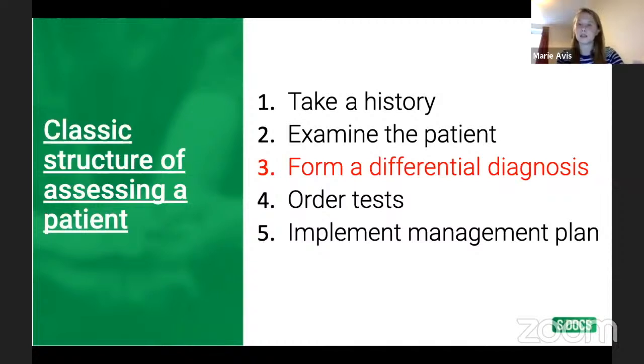So what I like to do is really think about my differential diagnosis first, before I even see the patient, and just think, someone comes in with chest pain or a headache, what should I be asking them? What am I looking for? What am I thinking they could have? And that's what we're going to look through for the most part today. And then after you've got your differentials, you'll order some tests and you'll implement a management plan.